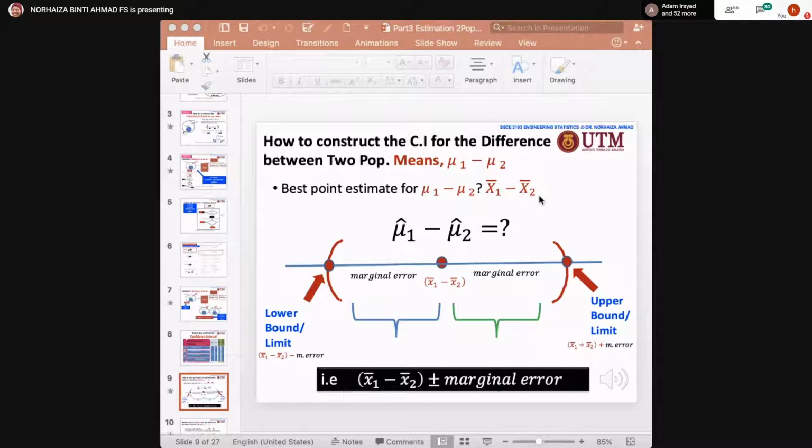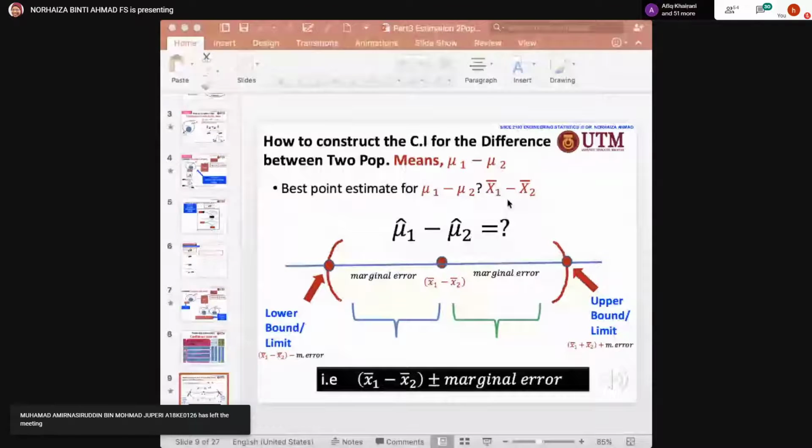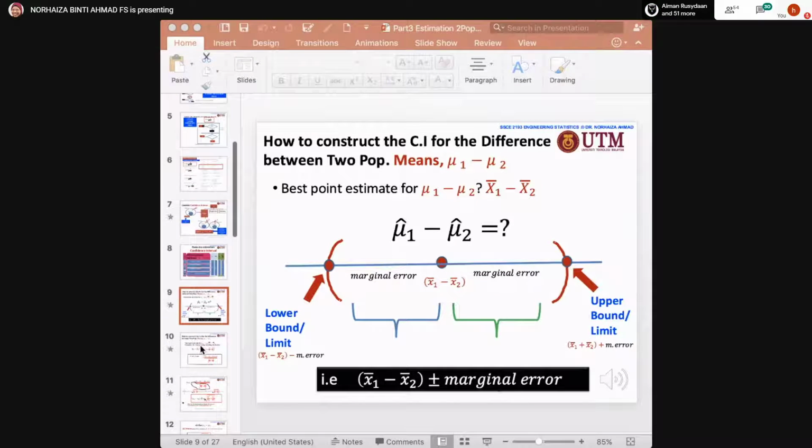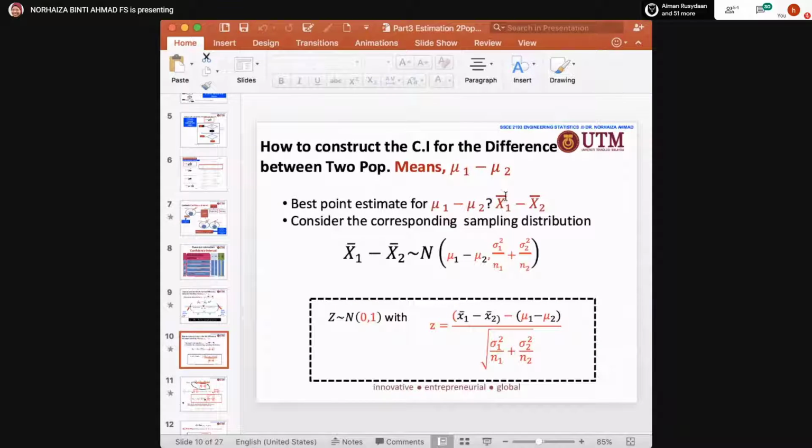Okay, right. So you already know from chapter 2 that the sampling distribution of x bar 1 minus x bar 2 is a normal distribution with these parameters.